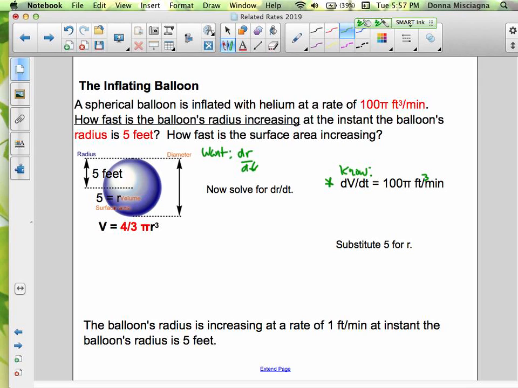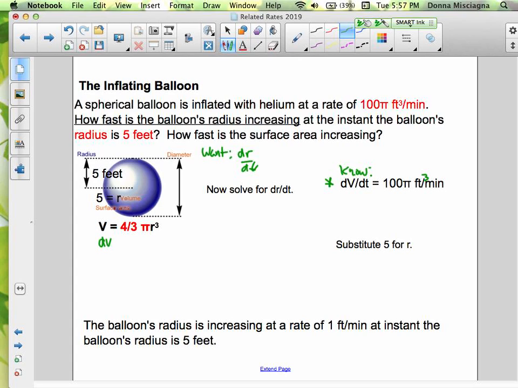All right, so the equation for volume of a sphere is 4/3 pi r cubed. So we're going to take the derivative to solve for the rate of increase in the radius.